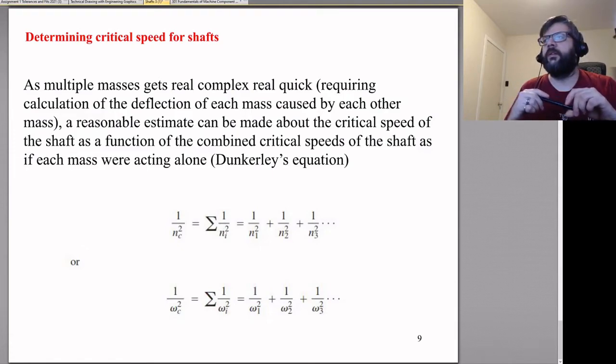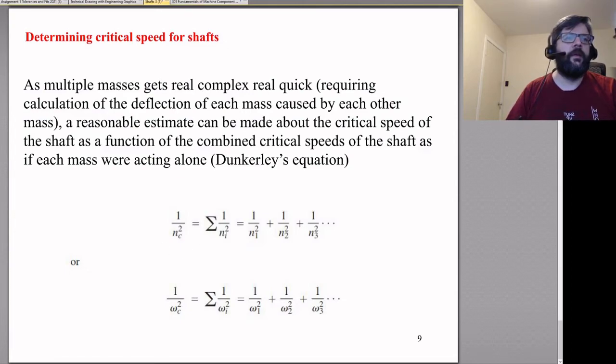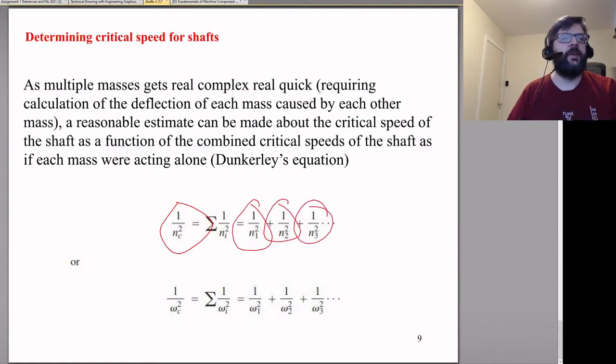So what we often do is basically find a reasonable estimate based upon getting an estimate of what each individual mass on the shaft would have on the critical speed, and then combining them. We can get a good estimate of that by finding the critical speed based upon the first mass, the critical speed based upon the second mass, the critical speed based upon the third mass, and so on and so forth.